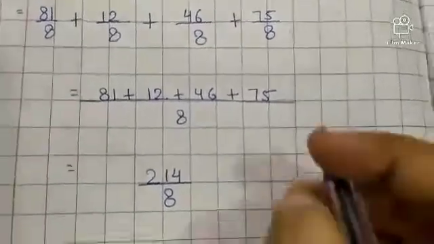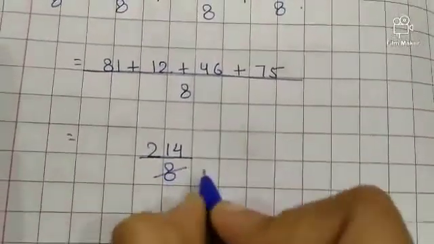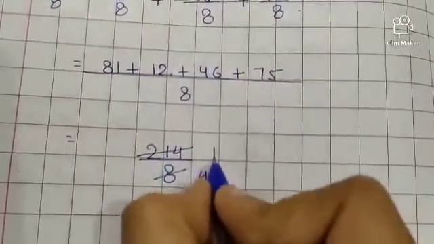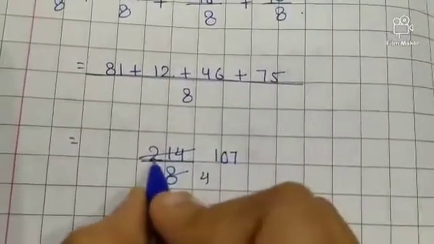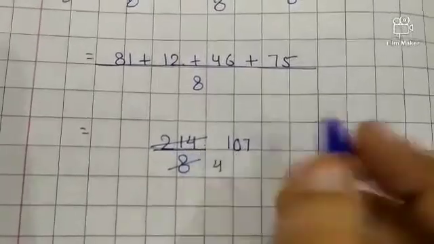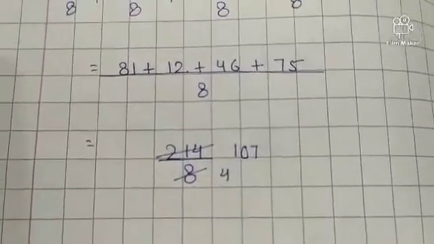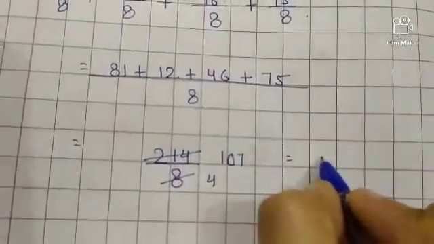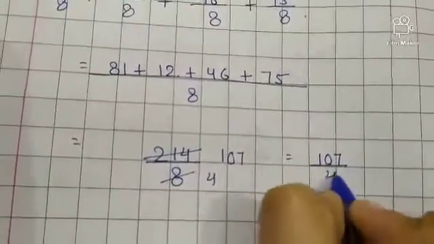Now both the numbers we can divide by 2. 2 4s are 8, 2 1s are 2, 0, 2 7s are 14. You can divide it in rough. So this is 107 upon 4.